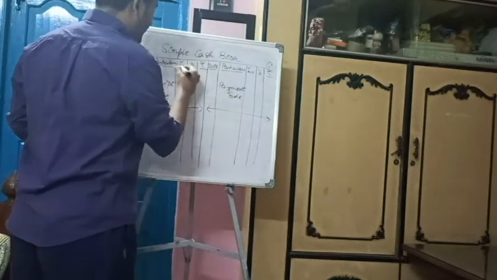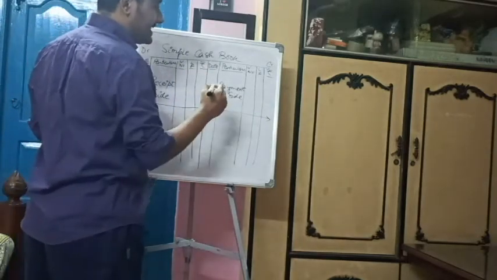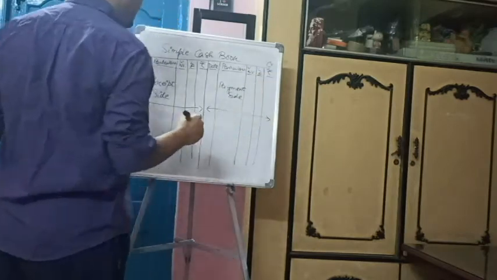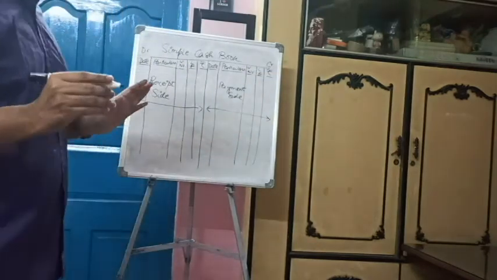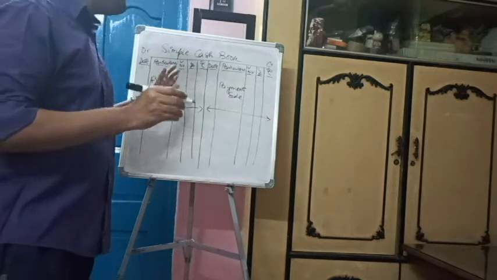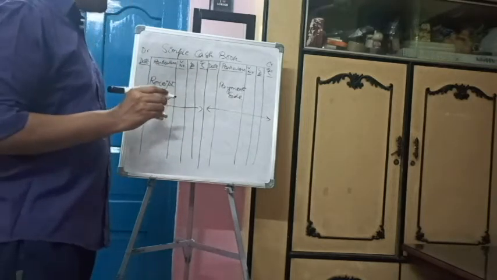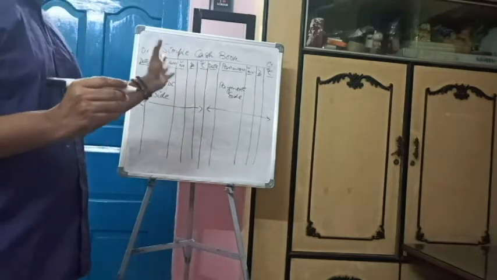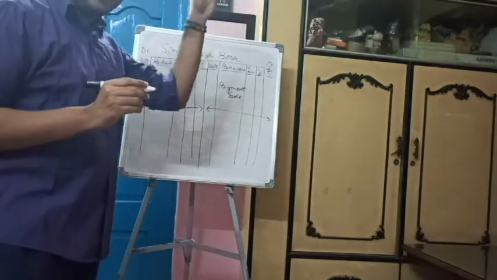Fine. Here voucher number, ledger folio, because these entries are carried forward to the ledger. Hence this is a single column cash book or simple cash book. Date, particulars, voucher number, ledger folio, amount in rupees, and similarly on the credit side also the same.